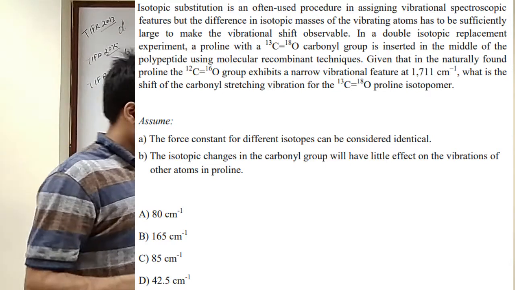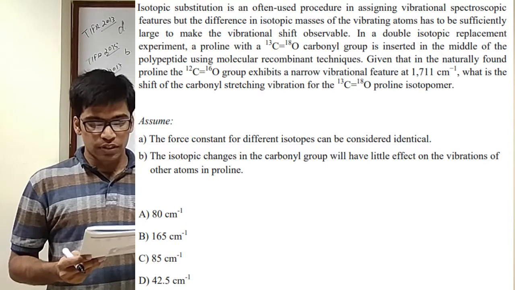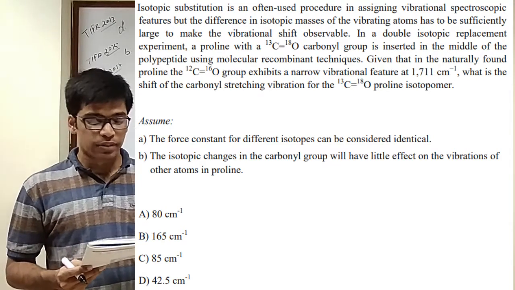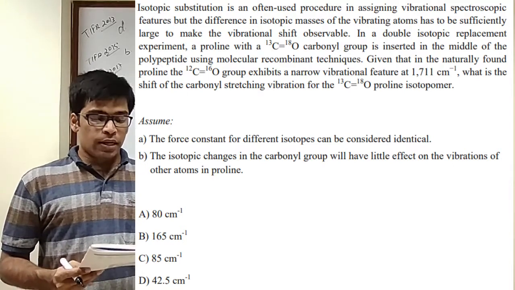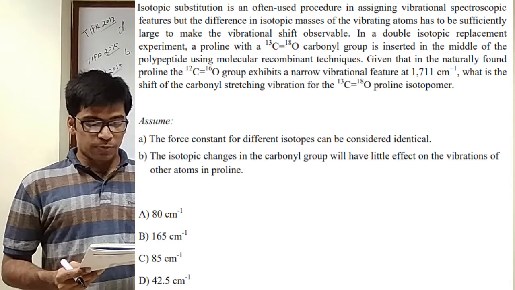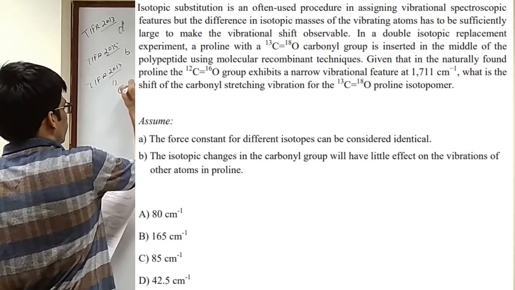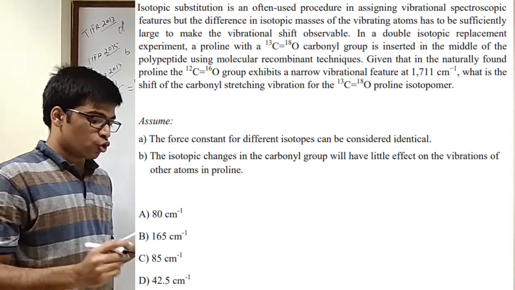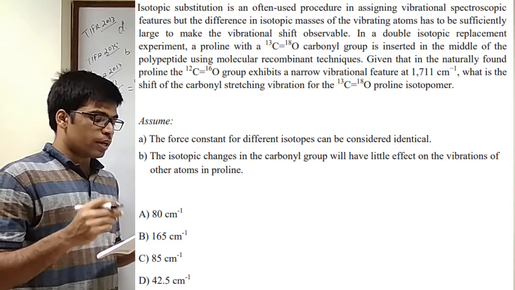The next question is from TIFR 2017. The question says, isotopic substitution is often used in assigning vibrational spectroscopic features, but the difference in isotopic masses of the vibrating atoms has to be sufficiently large to make the vibrational shift observable. In a double isotopic replacement experiment, a proline with C13O18, that means both carbon and oxygen have been changed to their isotopes, is inserted in the middle of a polypeptide chain using molecular recombinant techniques.